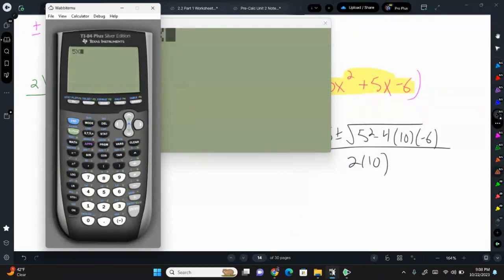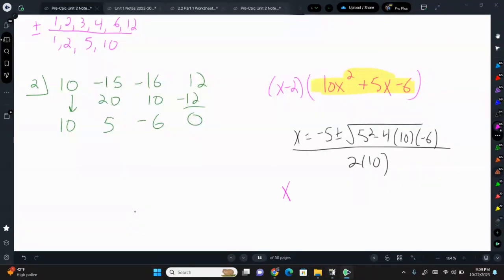So 5 squared minus 4 times 10 times negative 6, 265. So x equals negative 5 plus or minus the square root of 265 all over 20.